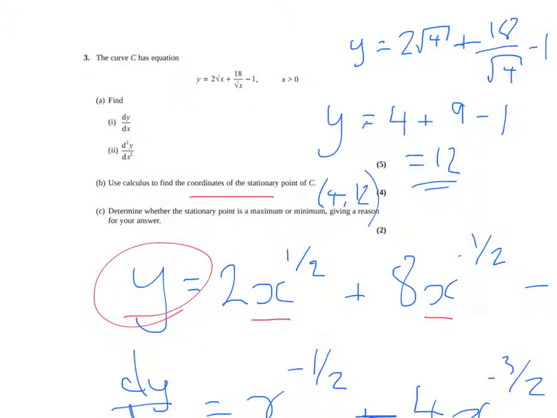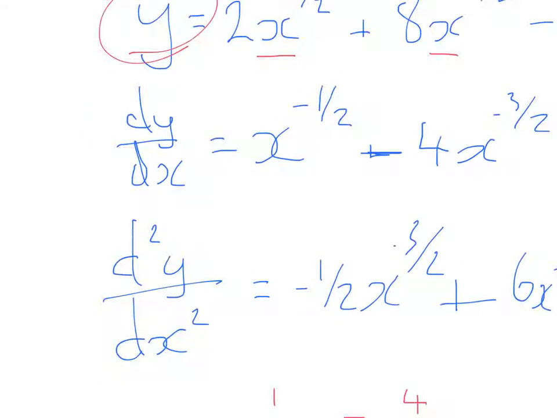Okay, finally, and I'll let you do this last stage, I'll just explain what's happening. Determine whether the stationary point is a maximum or a minimum. All you need to do is put your value for x, so there's 4. That 4 needs to go into your d2y by dx squared.